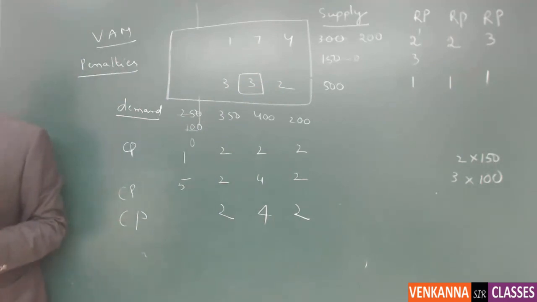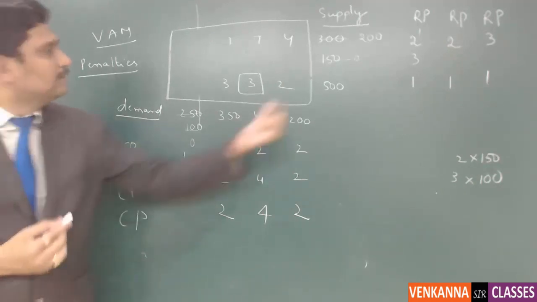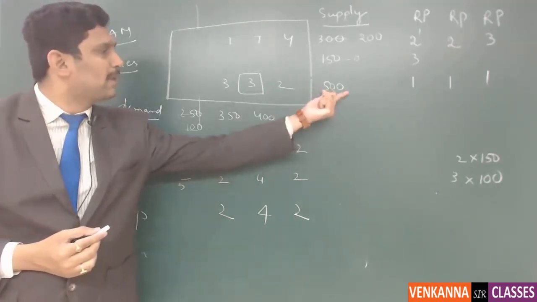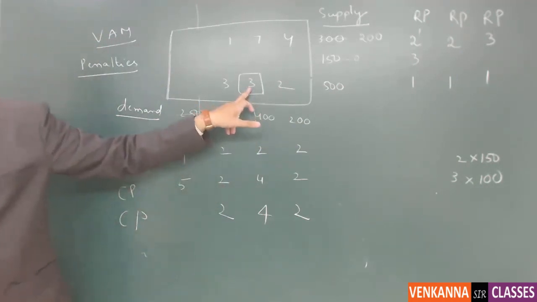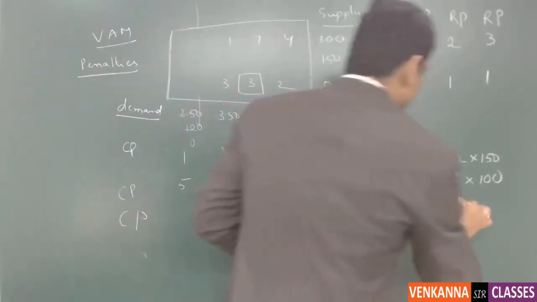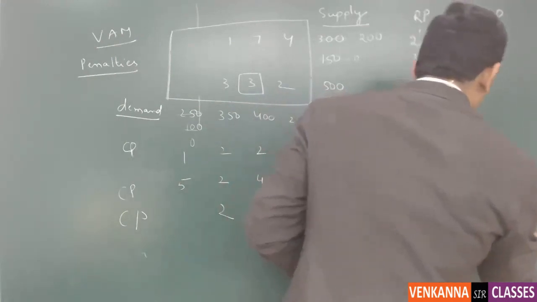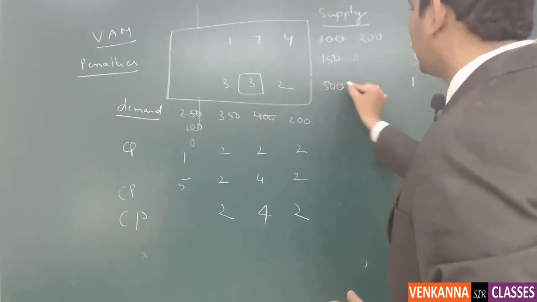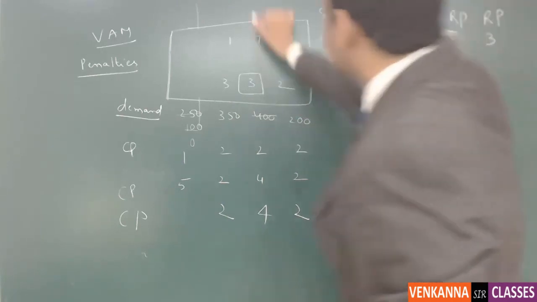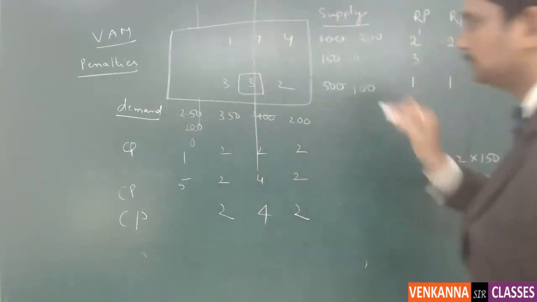Clear to all? Any questions? Right. Now again, taking view of supply as well as demand, this 400 will be allocated to 3. And it becomes 0 and it becomes 100, and this column gets struck off.